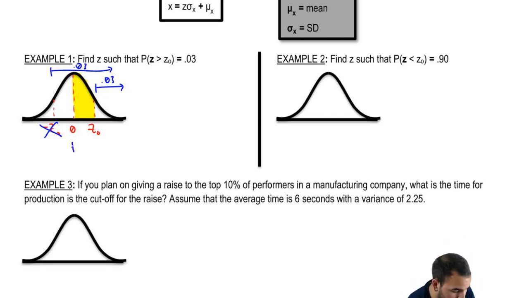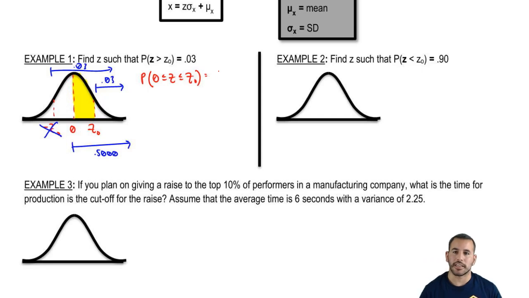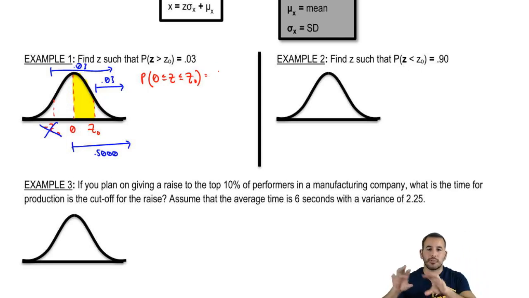We know that from 0 all the way up is 50%, right? So the probability that Z is between 0 and this particular Z is what that's basically saying.